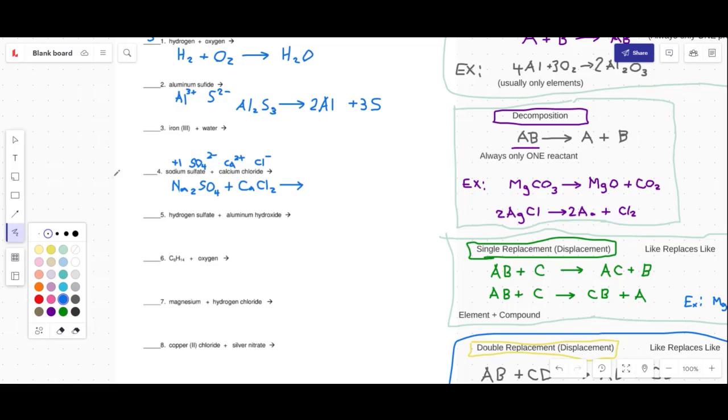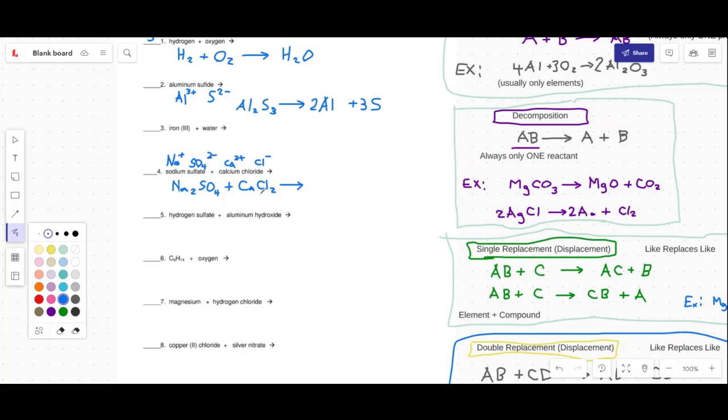Now here's the cool thing. Since you've already done all the work of figuring out the ions, well, I did all the work for you actually. Just kidding. Now, before I do anything, I have to figure out what type of reaction this is.